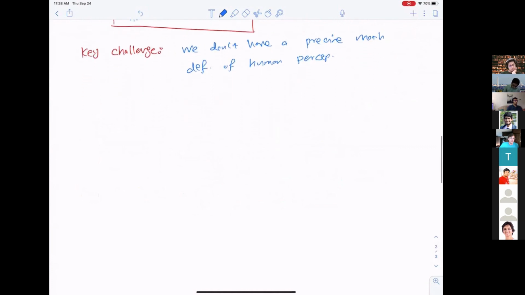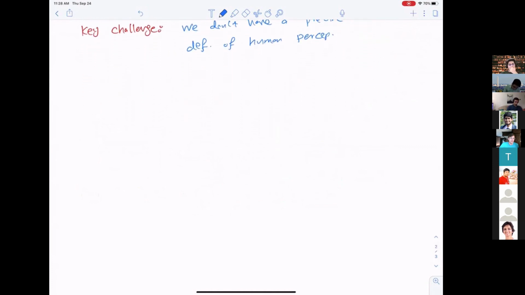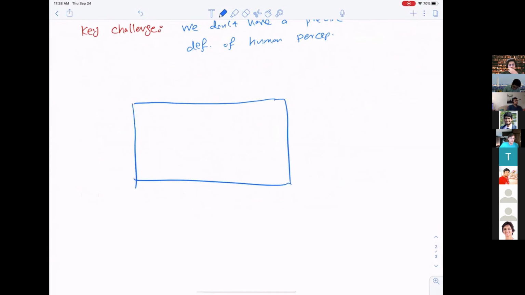All right, so just to give you a different perspective, for a given X and a given model, consider the set of all X primes such that humans would have the same label for X and X prime. So suppose this is the set of all examples X primes such that humans have the same label.